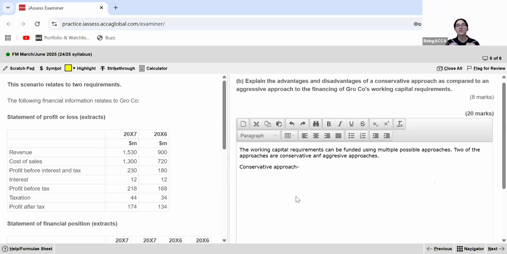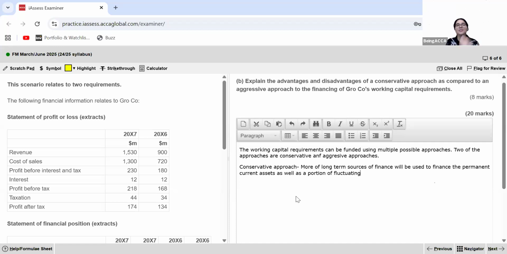So this approach is going to have more long-term sources of finance, used to finance the permanent current assets as well as a portion of fluctuating current assets.